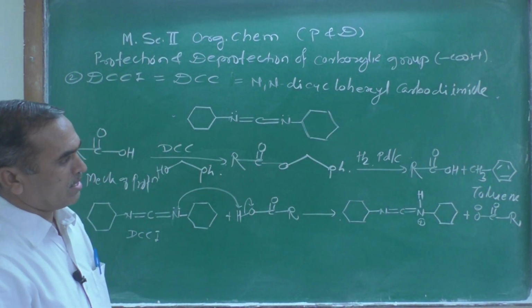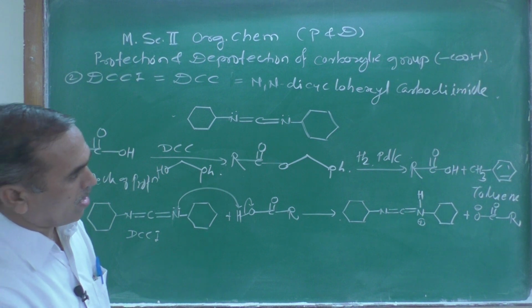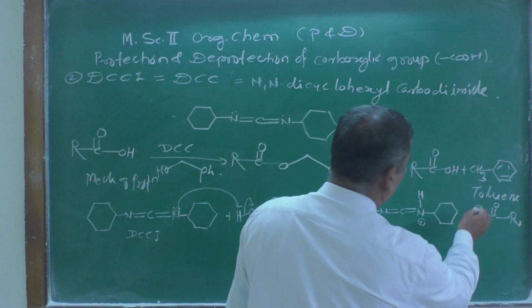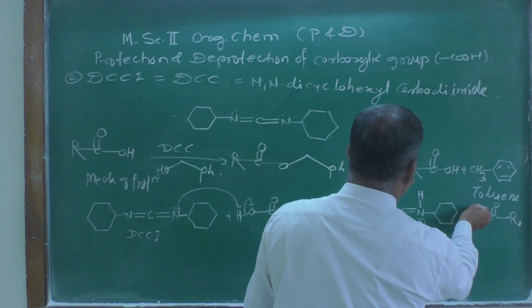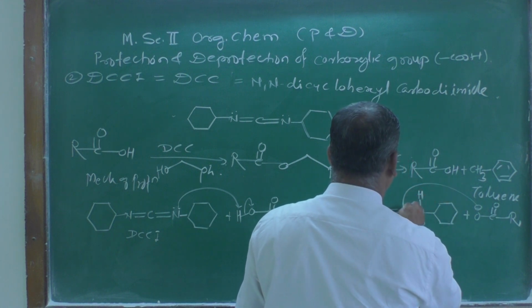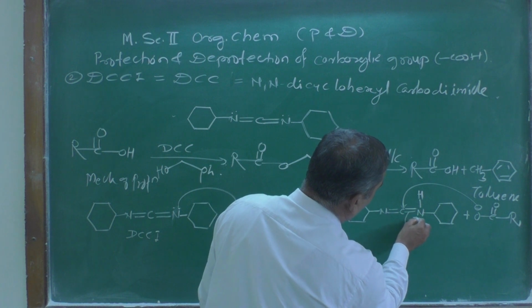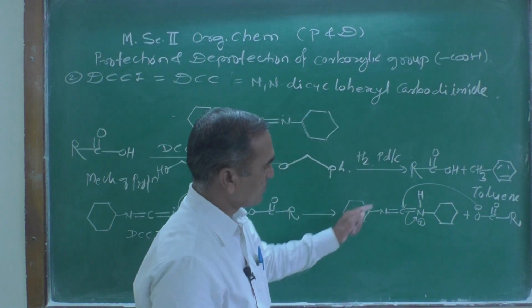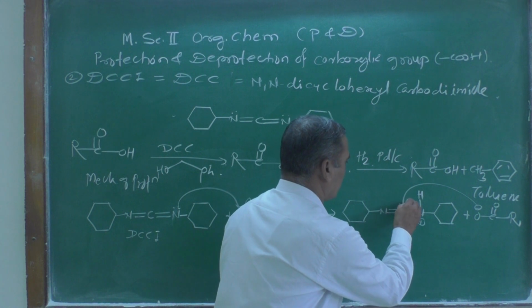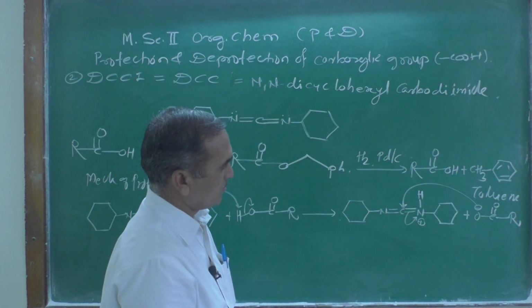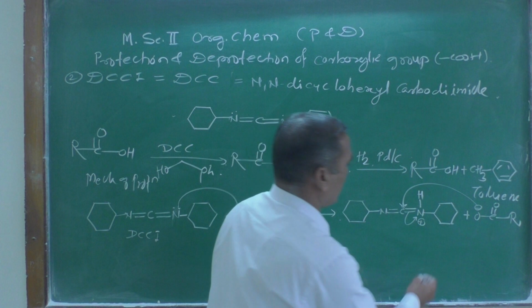Now next, what is going to happen in the next case, this negative charge is going to attack on that carbon atom, and look, the positive charge gets neutralized. See the mechanism carefully.